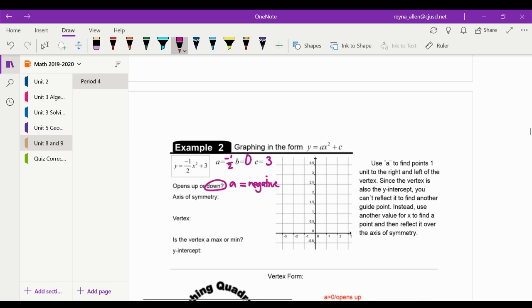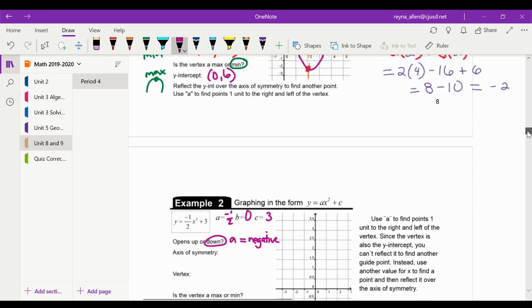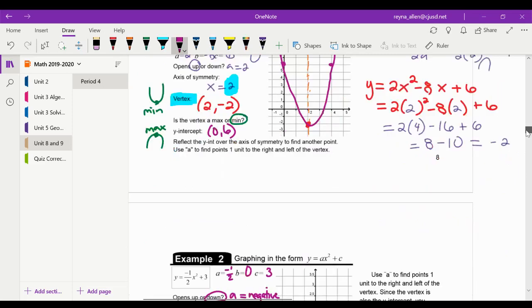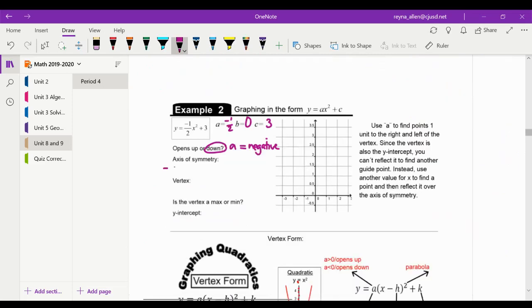My axis of symmetry, the way I do that is negative b divided by 2a. I'll do the work over here. So negative b divided by 2a. So negative 0 divided by 2.